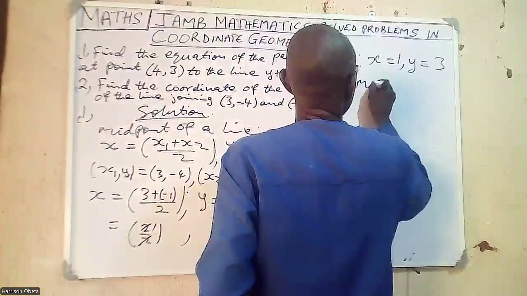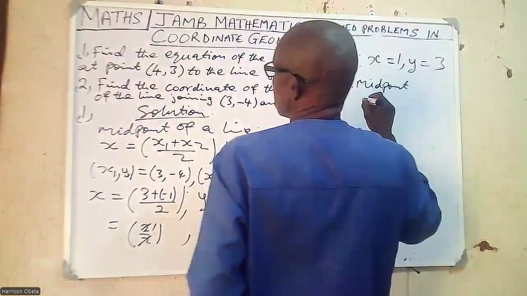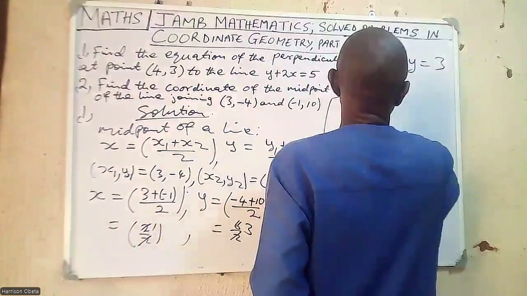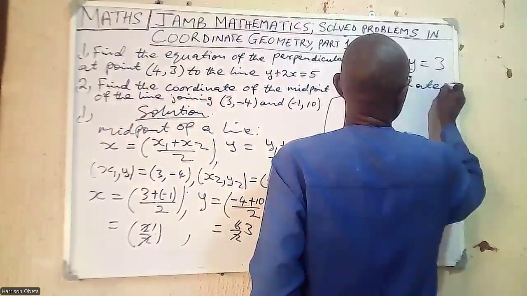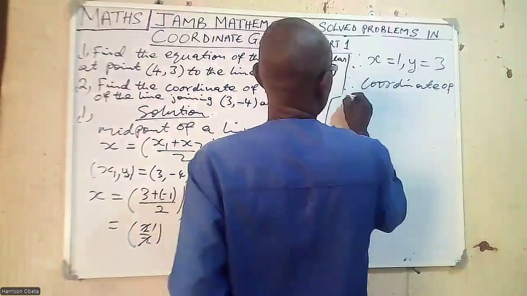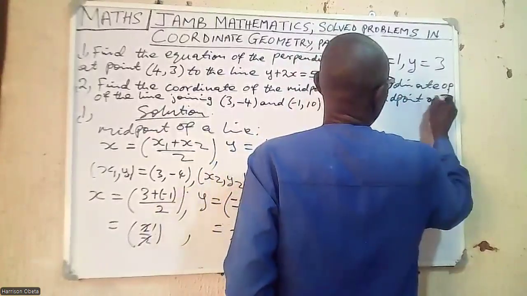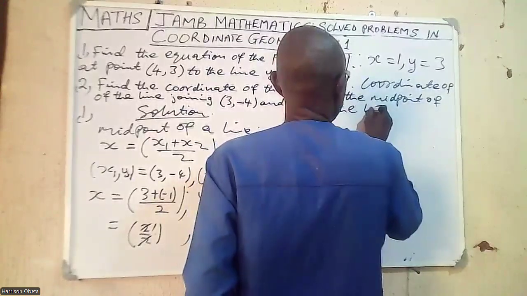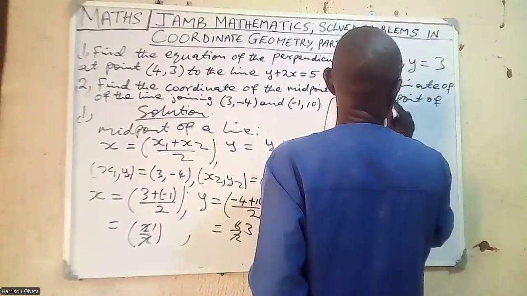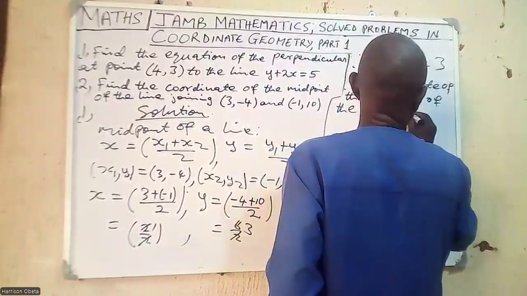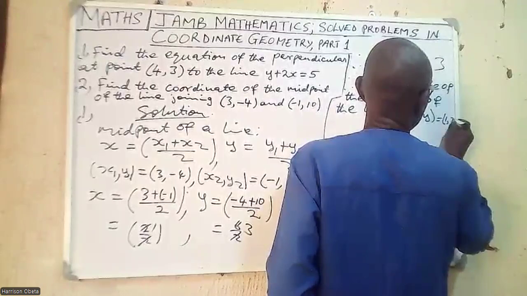So therefore it means that the coordinates of the midpoint of the line is x, y, which is equal to 1, 3.